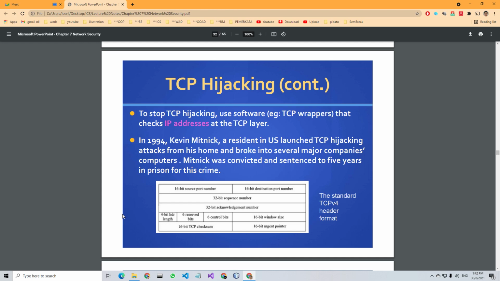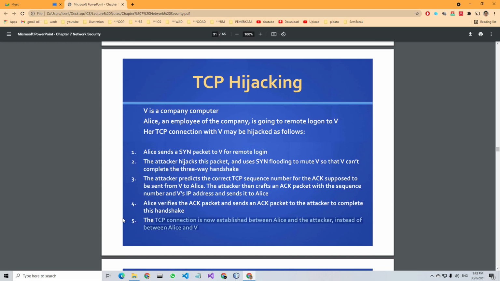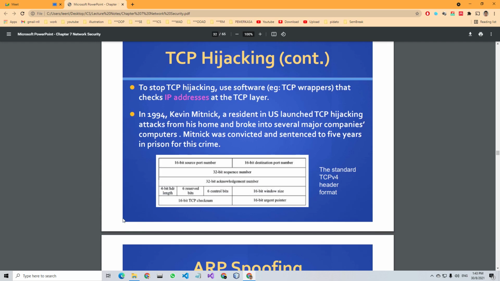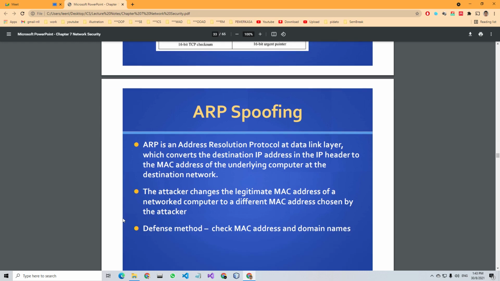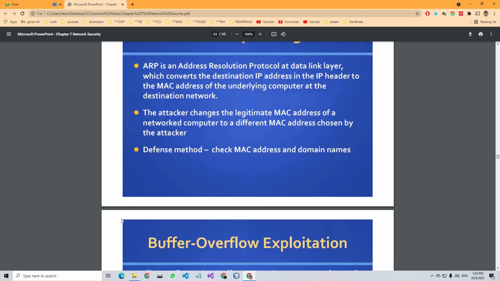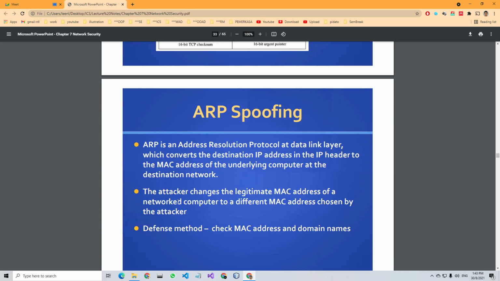ARP spoofing. Run through the slide here. Address Resolution Protocol spoofing is a type of attack in which the attacker might send false messages over the local area network.